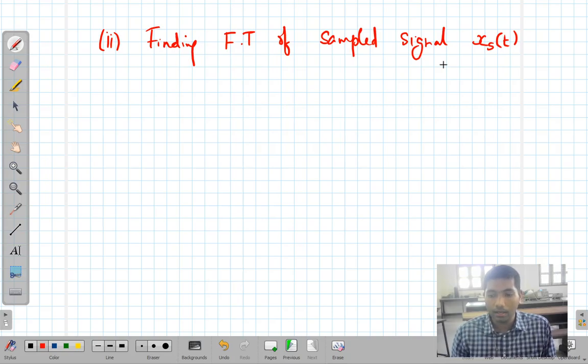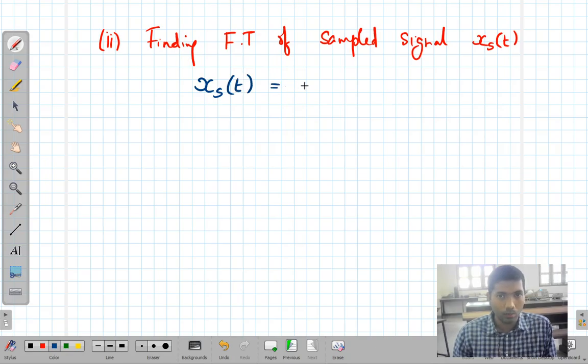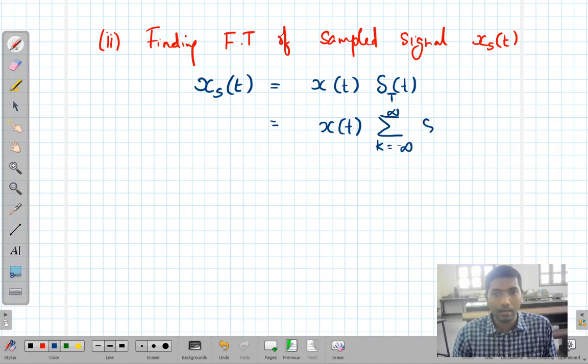First I'll write what that Fourier transform is. Once again, what is x s of t? x s of t is the sampled signal, which is nothing but x of t multiplied by del of t with suffix capital T, or in other words, x of t times summation k equal to minus infinity to infinity del of t minus kT.